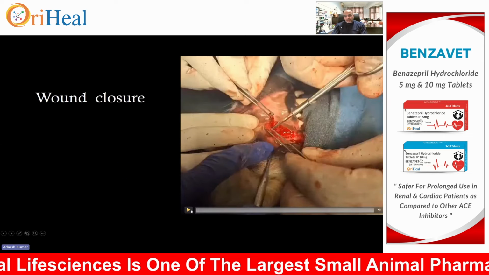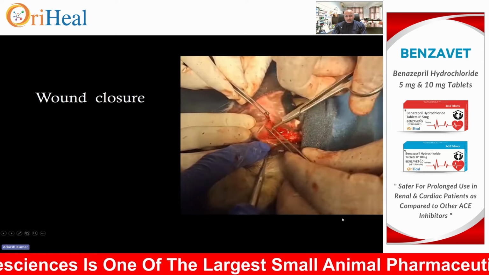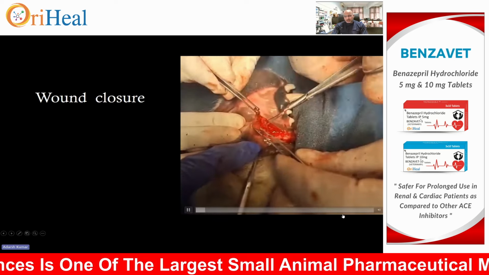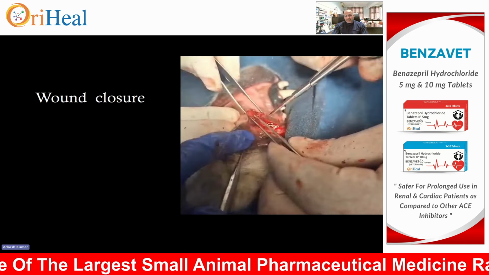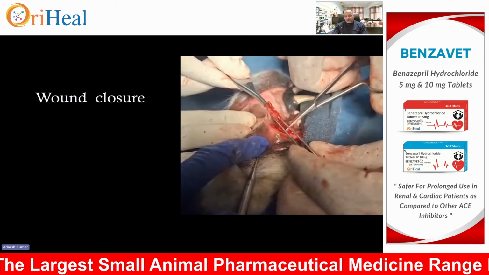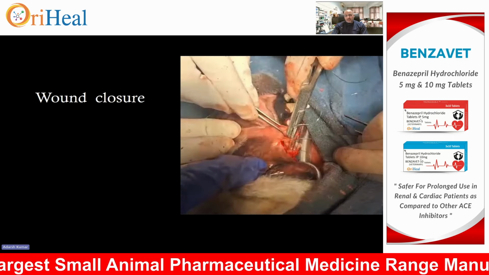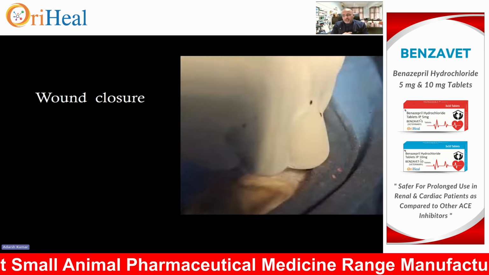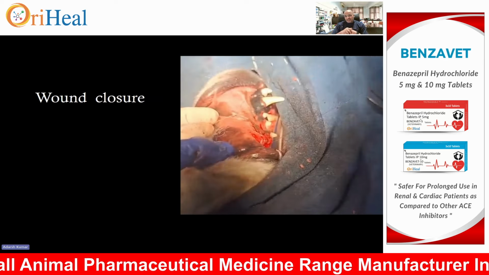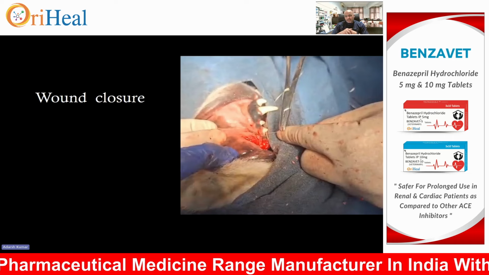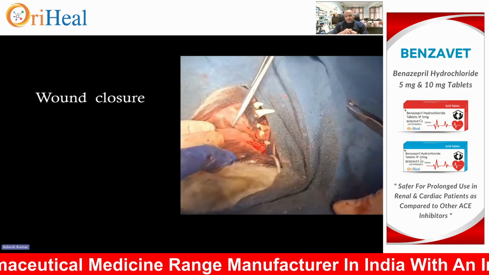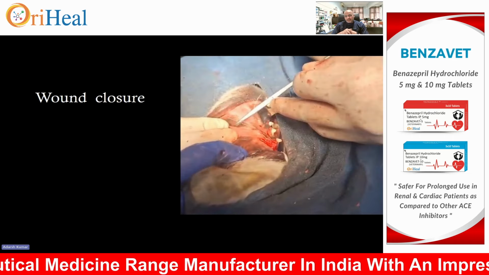Just look at this again in fast forward. This flap is being slightly undermined to make it more comfortable. I don't prefer it stretched. This is the monocryl we are applying here. Close it; this is how it has to be closed.